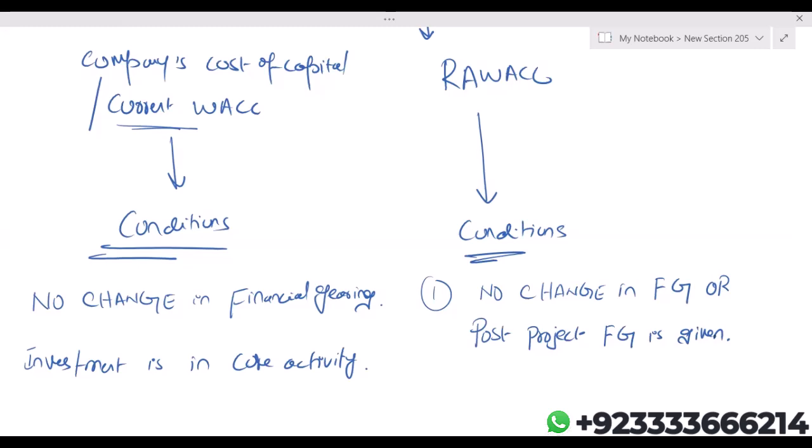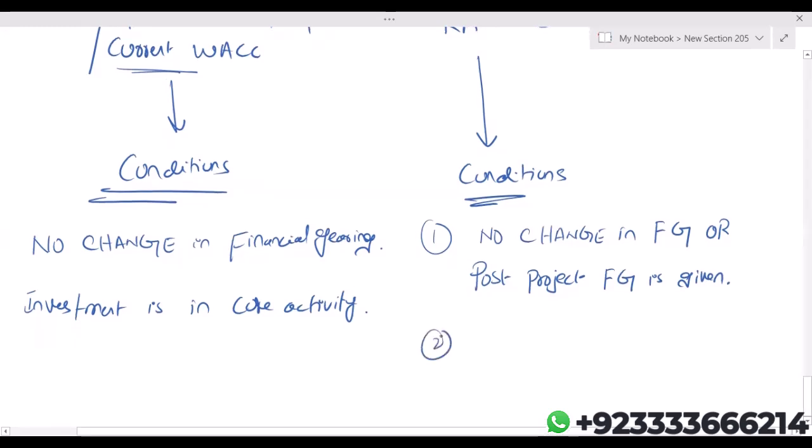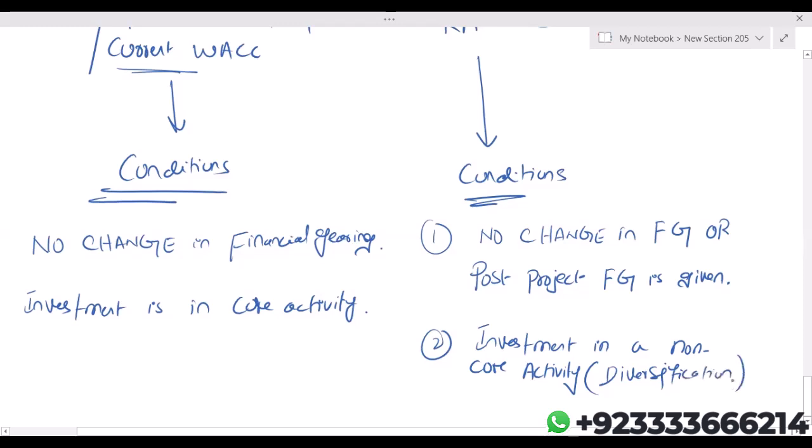But the second condition is extremely important, that is investment in a non-core activity. It's a scenario of diversification. We are making investment in a different business. We are moving to a different industry. Basically, we're talking about diversification.